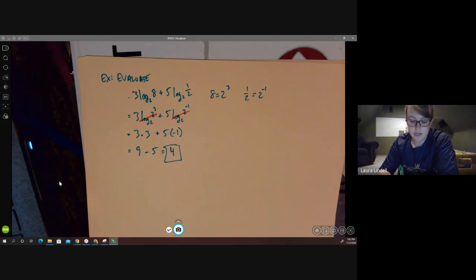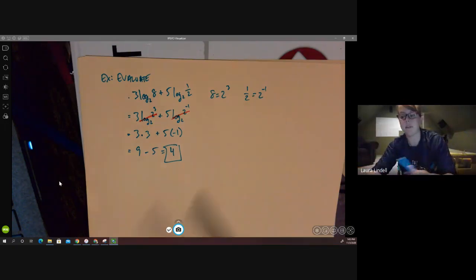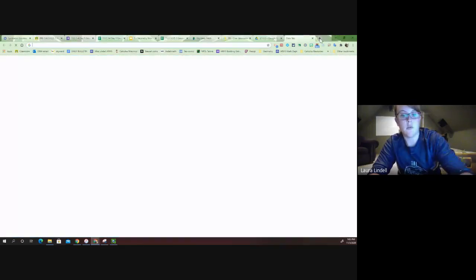So that's kind of taking what you did in your IXL stuff yesterday and sort of stepping it up a level and combining it into something slightly different. But again, you could also type this entire thing into Desmos if you would like to, or into a regular calculator.